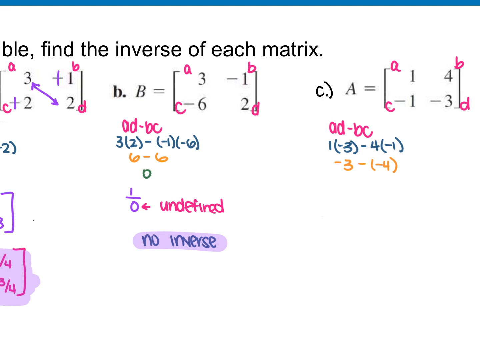This becomes -3 minus -4, so that's -3 plus 4, which is 1. The reciprocal of 1 is 1/1. We're going to multiply that by switching your 1 and -3, negating your -1 and your 4. So it's going to be -3, -4, 1, 1. 1/1 is just 1. So your A inverse is equal to -3, -4, 1, 1.